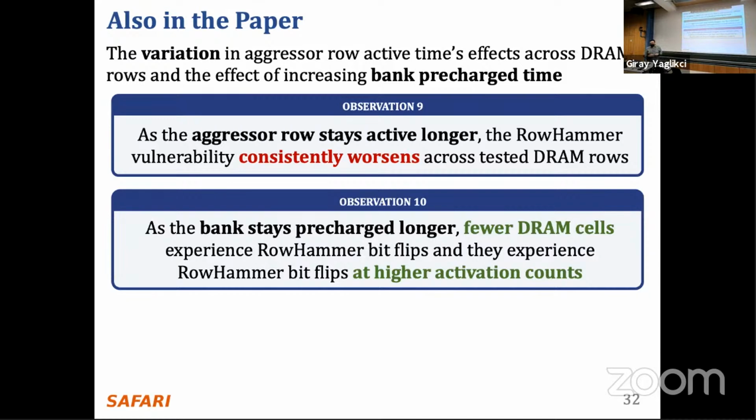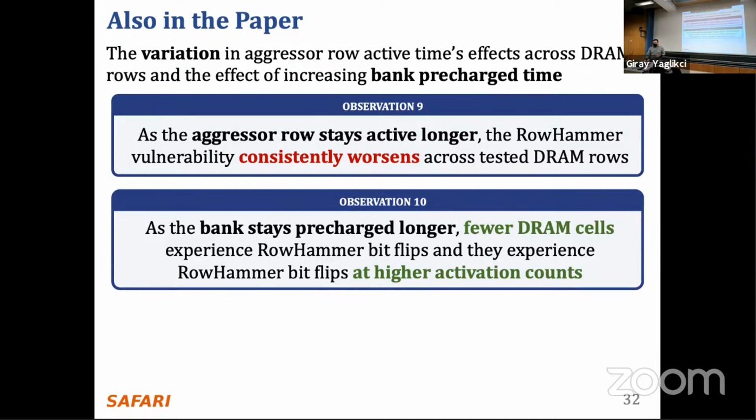When we do the opposite, in the second set of experiments, we increase the time that a bank stays precharged. When we do that, we observe that fewer DRAM cells experience RowHammer bit flips, and they experience RowHammer bit flips at higher activation counts.